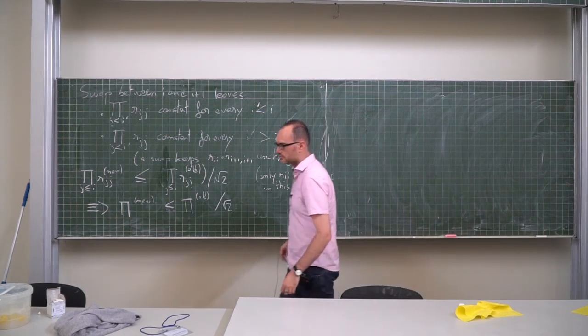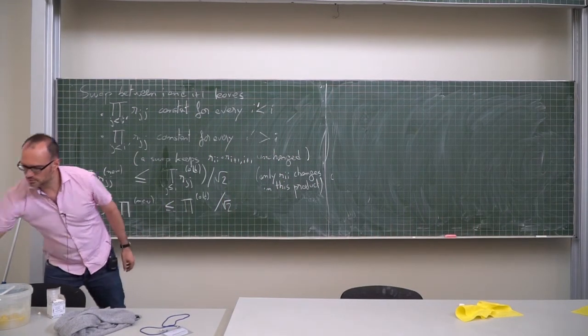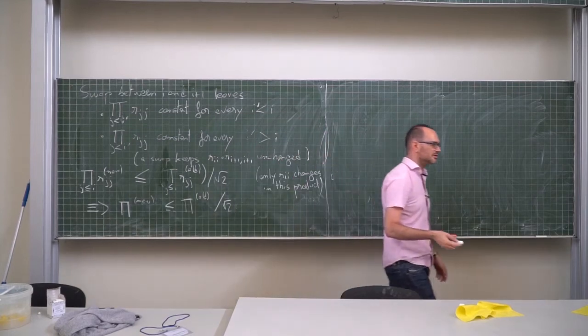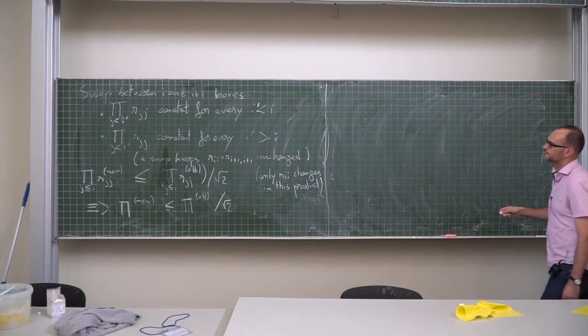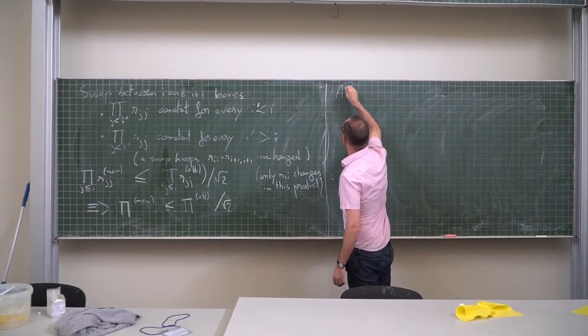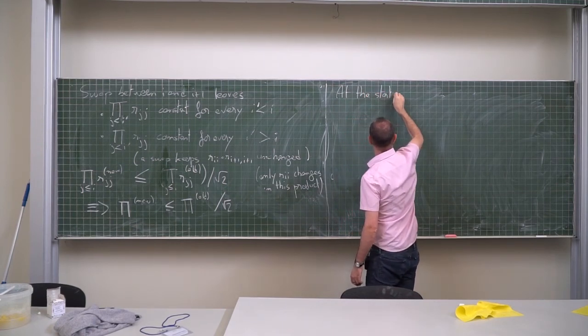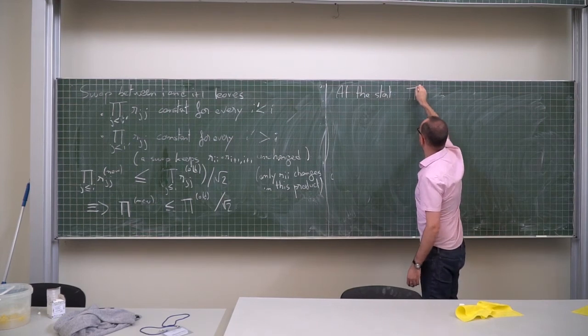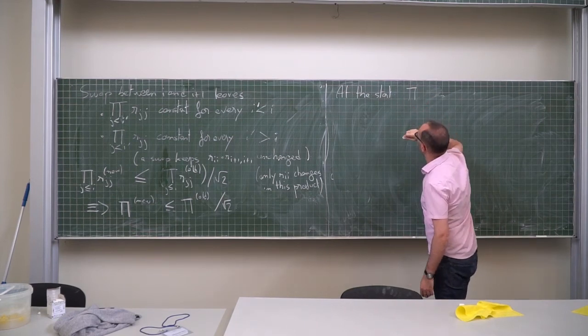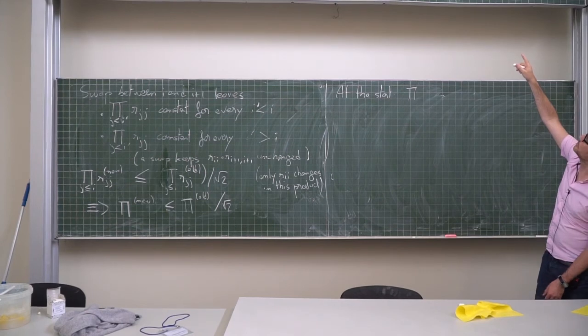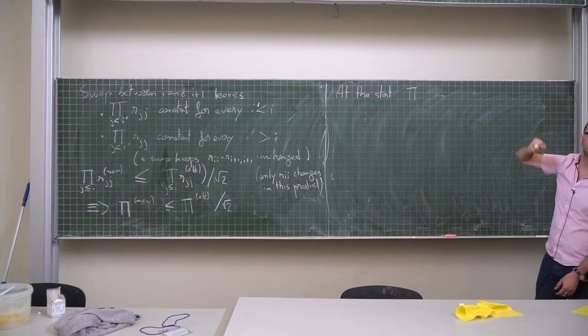Okay, so now let's look at the initial value of pi and the final value of pi. So at the start, pi is a product of the R_ii to the n minus i plus 1.